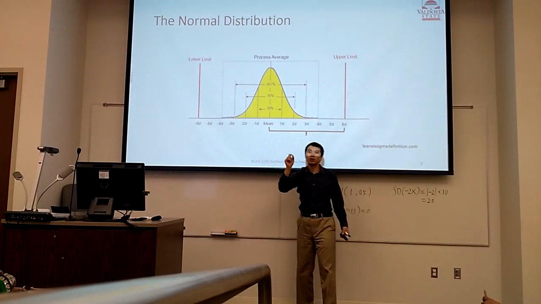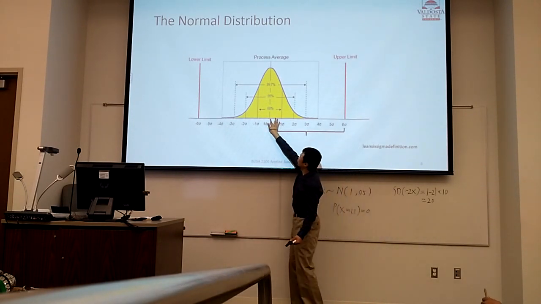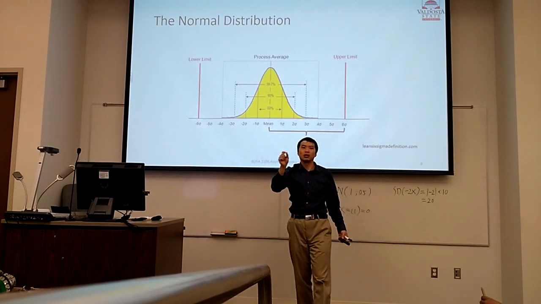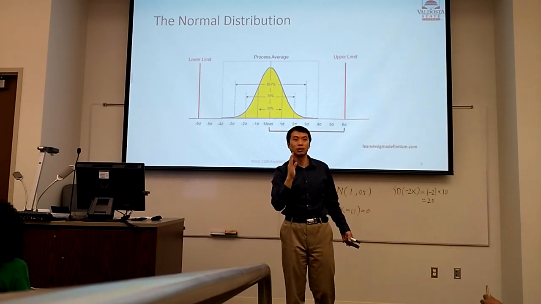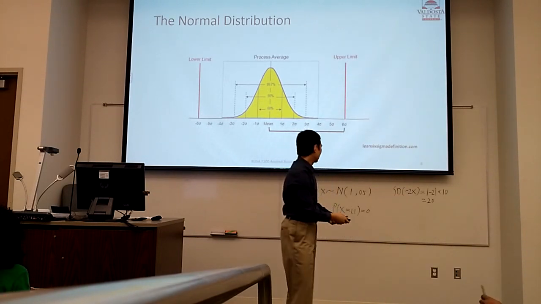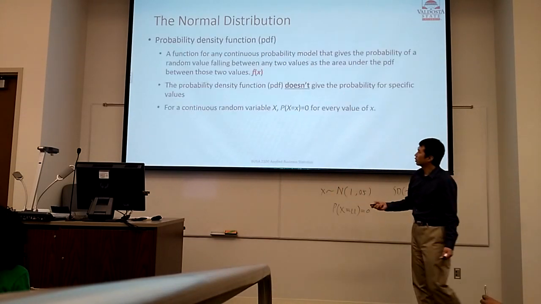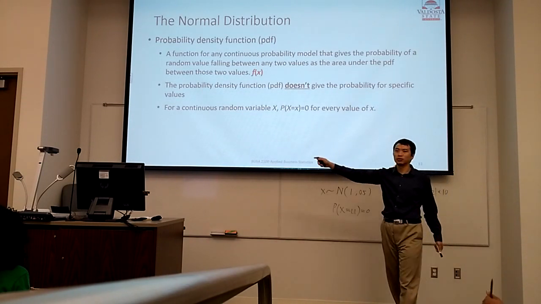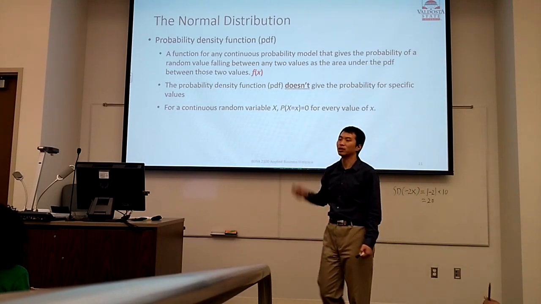Then if we are talking about a specific value, we have to shrink further. Then if we are talking about a specific value, the area for that value is 0. So that's why we have this statement: the probability of the random variable being equal to a specific value is equal to 0.